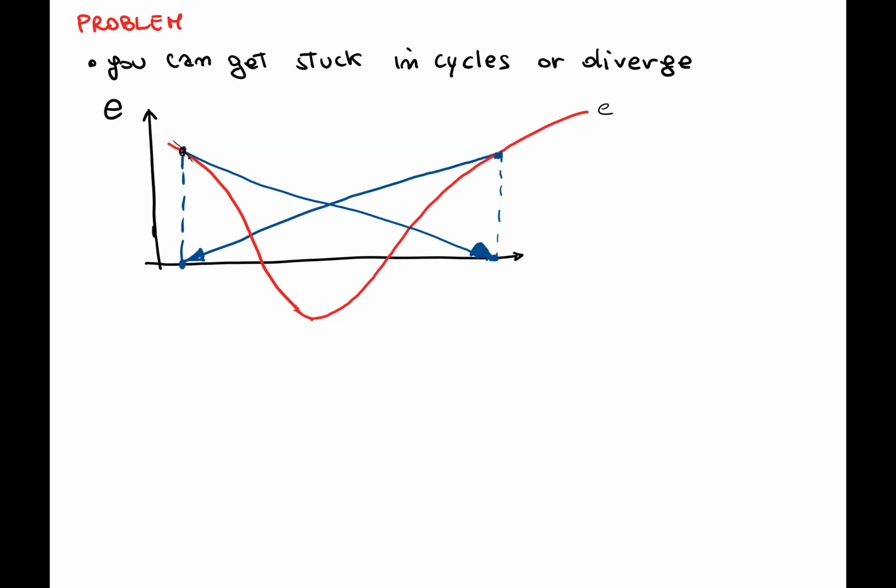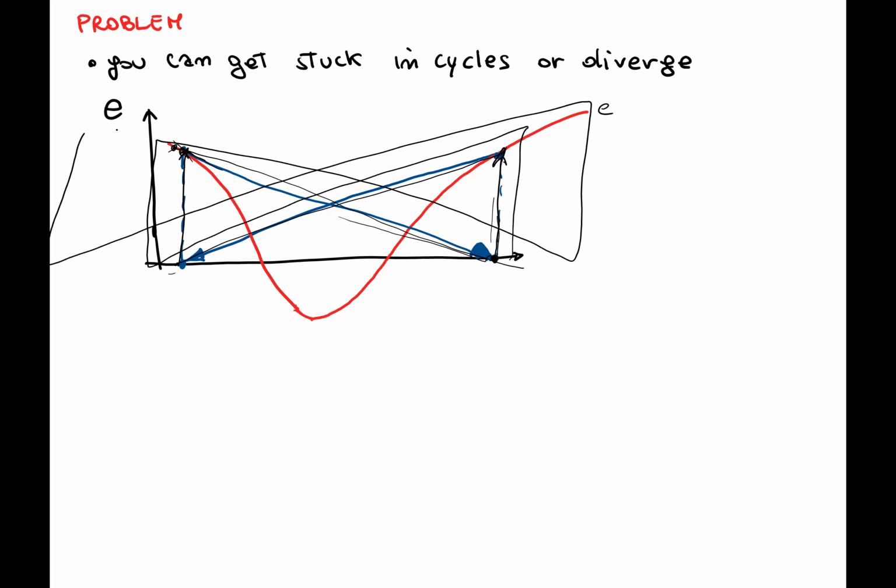We start here, we get here, then we go here, and we go back here and start again. We never converge, so we will always go in this cycle. Or even worse, if we slightly go a little bit backward, we could start to diverge. So we never converge.